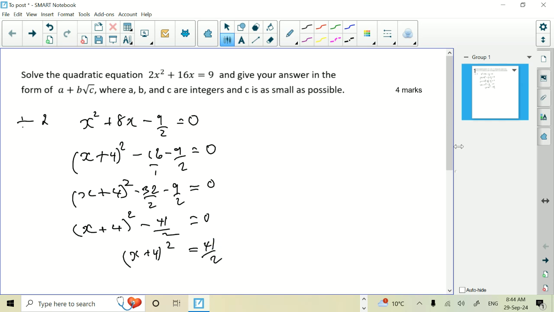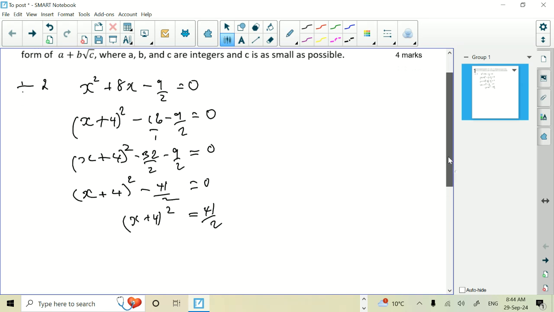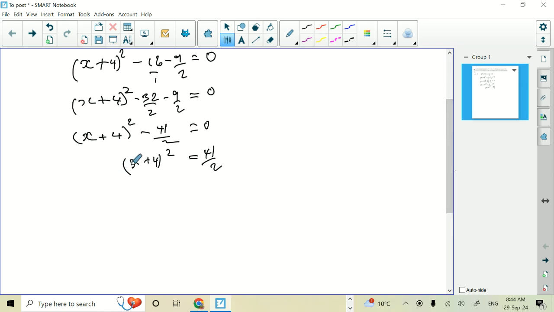Now, of course, if I've got a square on one side, I'm going to take the square root on the other. So x plus 4 must be equal to plus or minus the square root of 41 over 2.